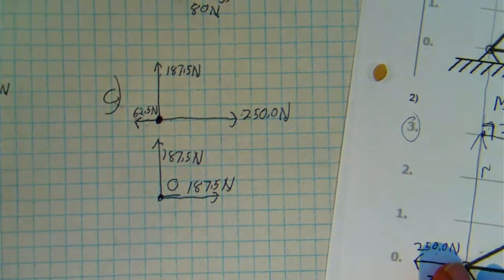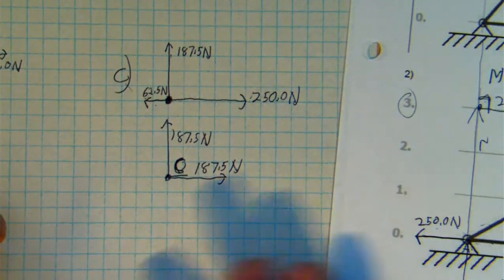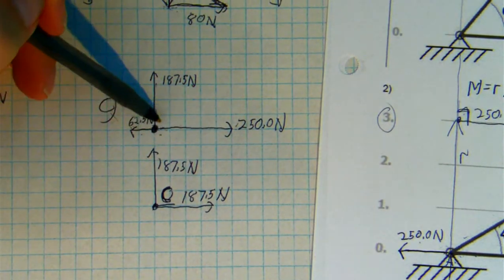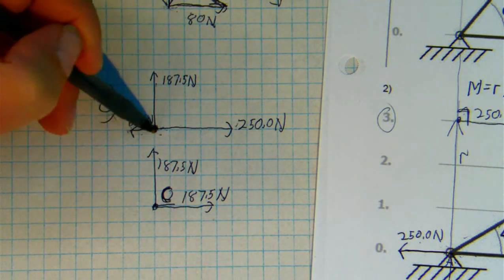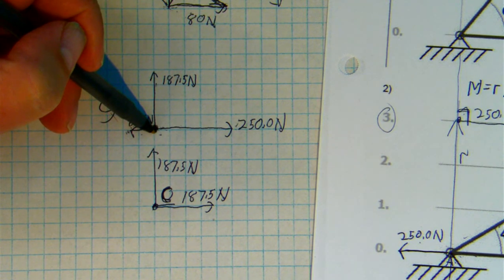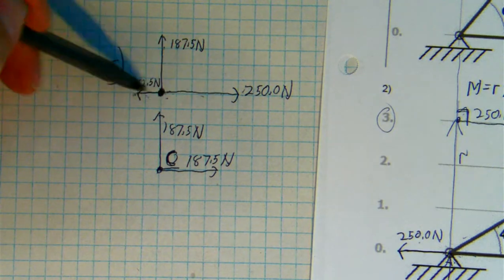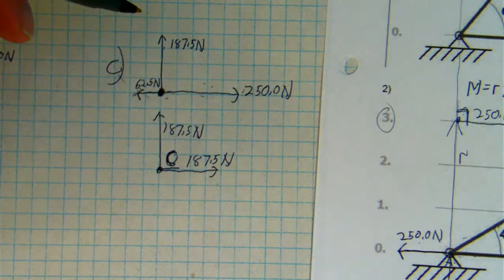This is at point C. That's supposed to be a C, not the letter O. 250 newtons to the right, caused by the load. 62.5 newtons to the left, caused by the horizontal component of member BC acting on point C. They take the difference. I get 187.5 newtons to the right.